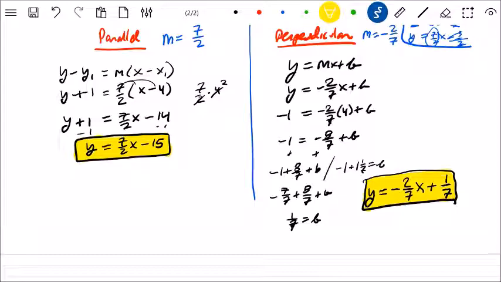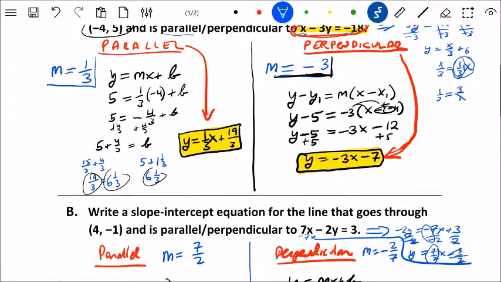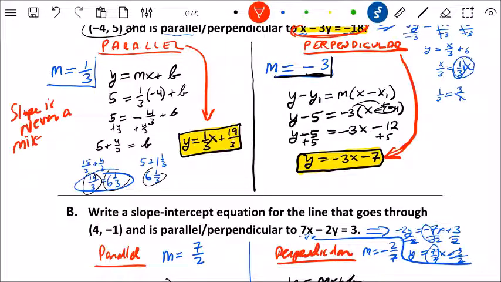In this problem up here, I made the point that we could do either of those, but I want to make a point about slope. Slope is never a mixed number.